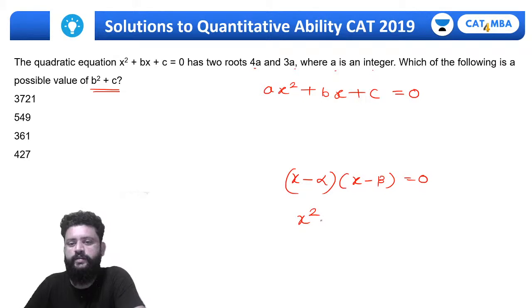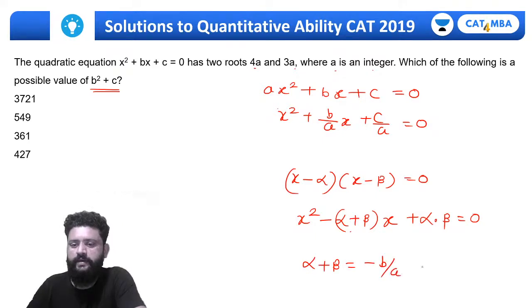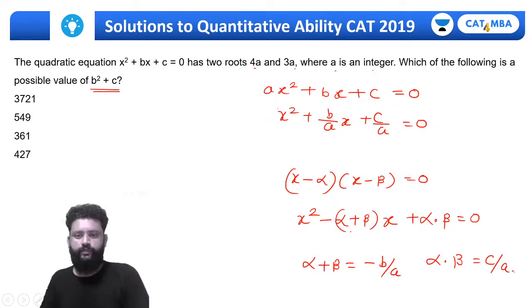If you solve this, x square minus alpha plus beta into x plus alpha beta, this is the equation we get, and if you divide this equation by a, you'll get x square plus b by a x plus c by a equals 0. So the sum of the roots alpha plus beta is always minus b by a, and the product of the roots alpha into beta is always c by a. That's what we can conclude, right?